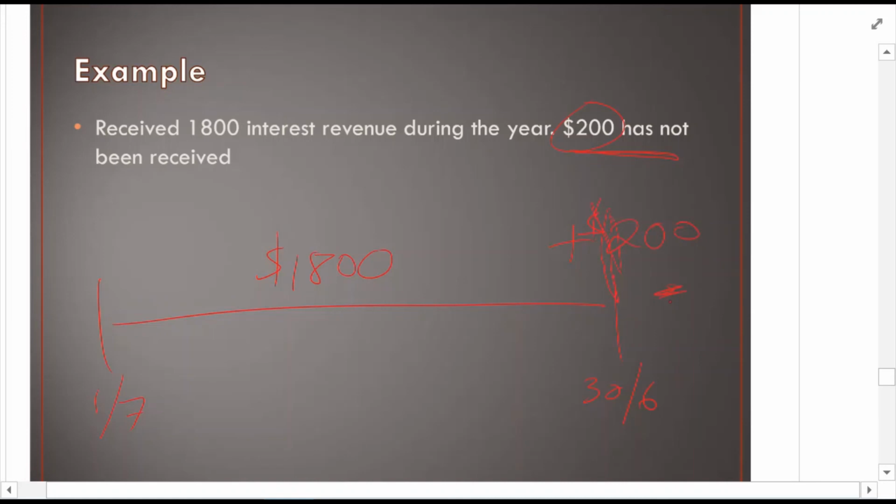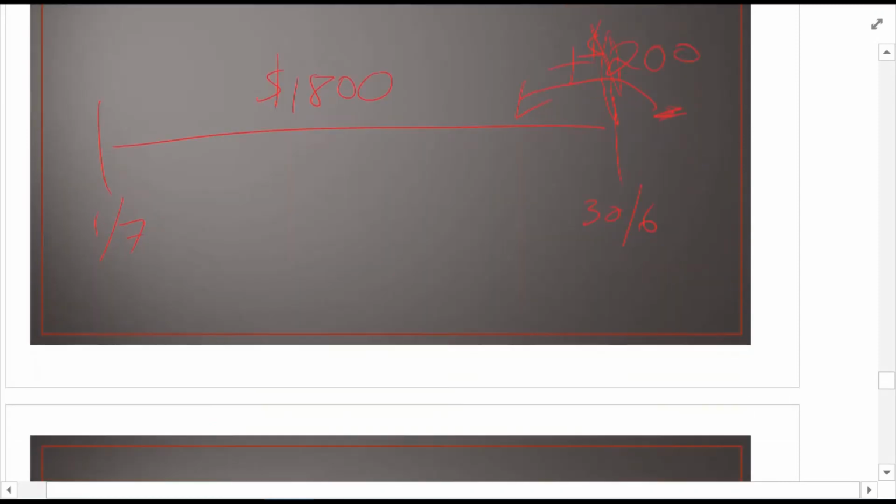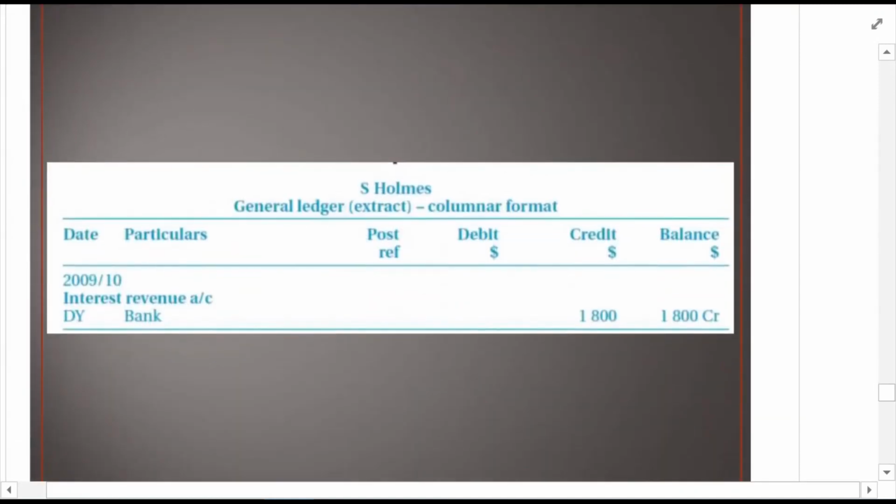It's just the way banking sometimes works. So we need to include it in our records so we can recognise it. Remember, DY stands for during year. We've got $1,800 in this account, which would have been paid to us during the year.